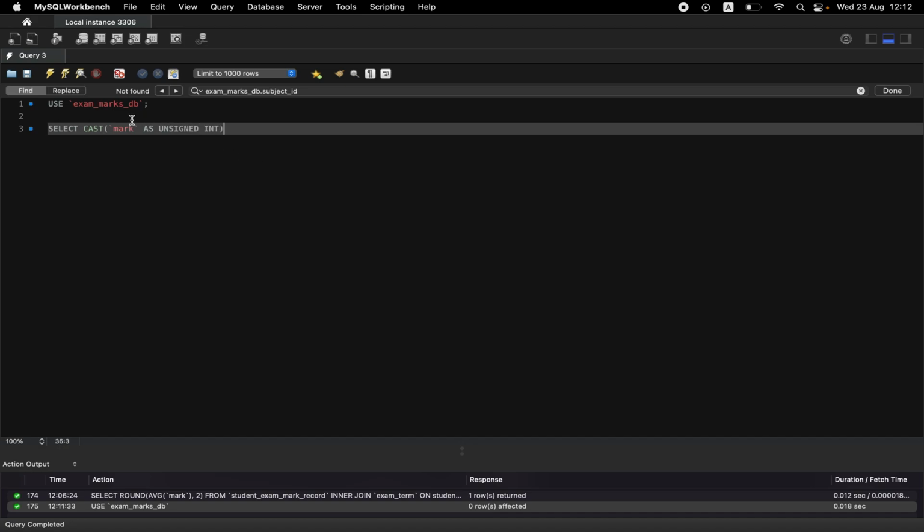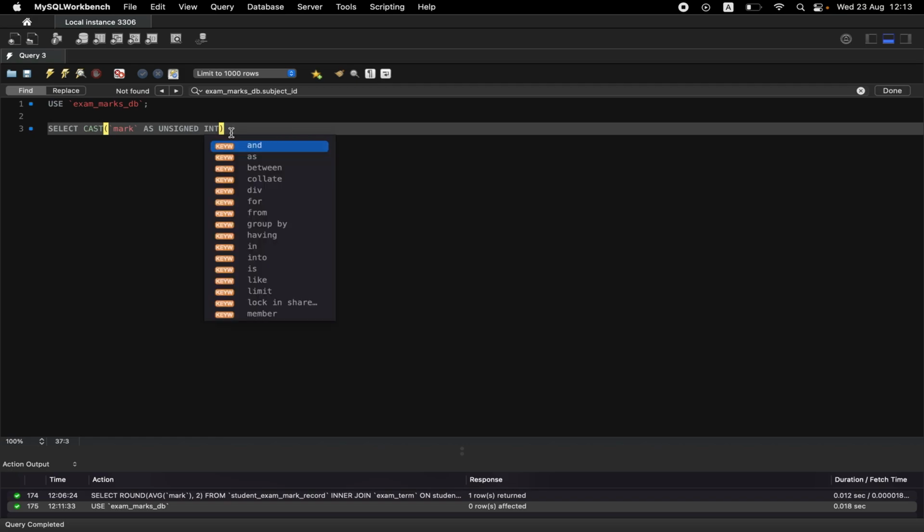So this will give marks as integer, and unsigned means it will accept non-negative numbers. It doesn't accept negative numbers.